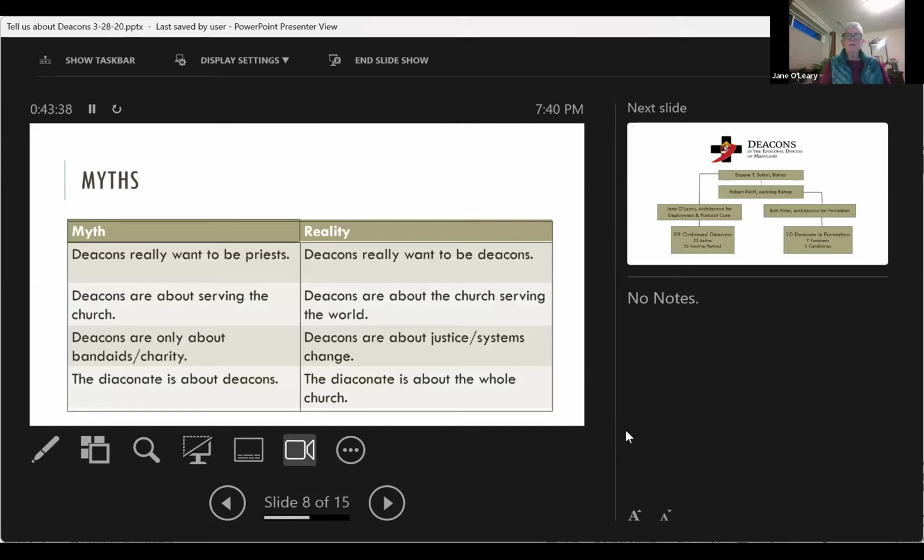So some myths about deacons. There's a myth that people who are deacons really want to be priests, but they didn't make the grade or they didn't do the things, whatever. The reality is that deacons want to be deacons. The myth is that deacons are about serving the church, about doing things for the church.